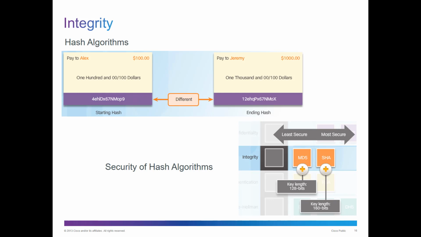Two big ones are MD5 and SHA, typically SHA-1 or SHA-256 or SHA-512, there are lots of SHA versions. But MD5 and SHA-1 are the two big common ones. They have different bit lengths. MD5 has 128 bit, where SHA-1 has 160 bit. And again, you use this for message verification.